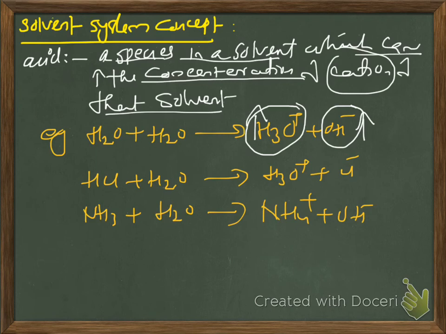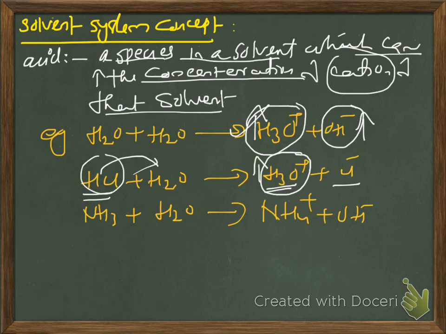Example, HCl: if added to water, you will get H3O plus and Cl minus. When we are adding HCl to water, you can see there is an increase in the concentration of H3O plus, which is the cation of water. Increase in the concentration of the cation of the solvent, and HCl is an acid.